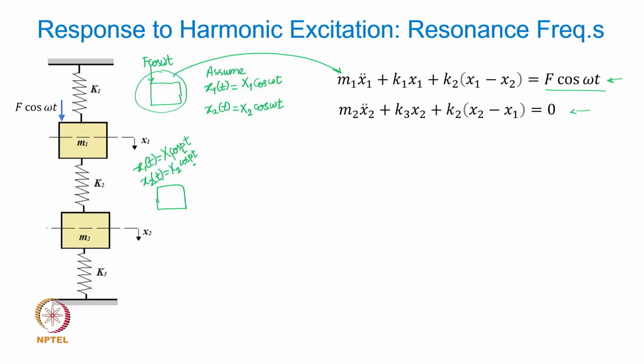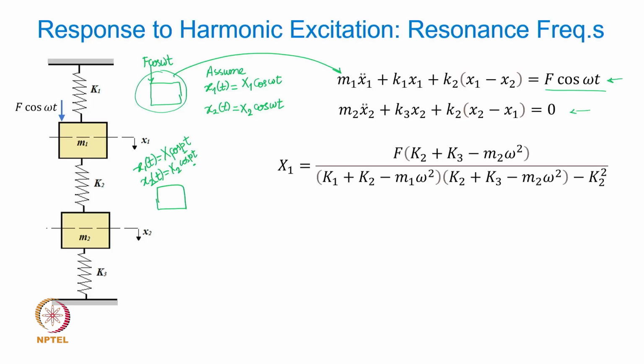equations. The intermediate simple mathematical manipulations I am skipping here for the sake of time, and you can easily show that when you substitute these assumed solutions into these equations and solve, you would get the expression for capital X1 by separating the terms of X1. You will get this expression.